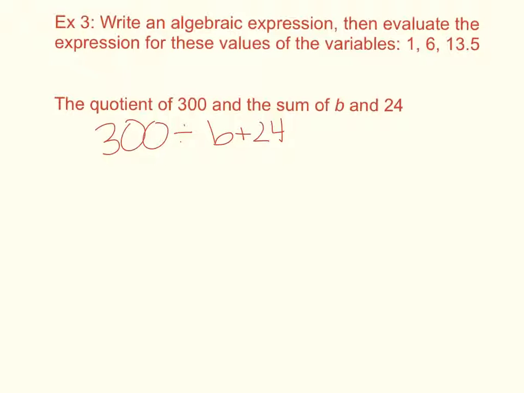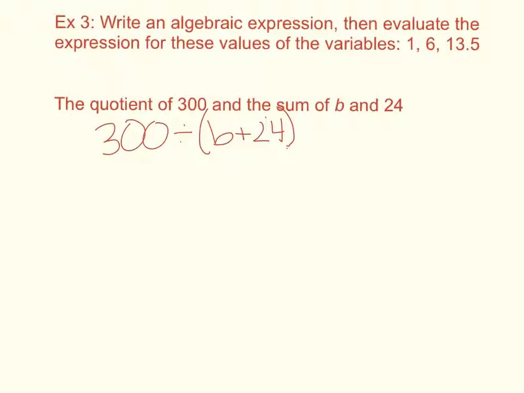Now what I don't want to have happen is I don't want to do 300 divided by b. I want to do b plus 24 and then divide it by 300. Sorry, I want to do 300 divided by b plus 24. So I'm going to be really smart and put these in parentheses so they don't get split up by the order of operations. So b plus 24 first, and then whatever I get from there, I'm going to divide by 300. Okay? So let's go ahead.